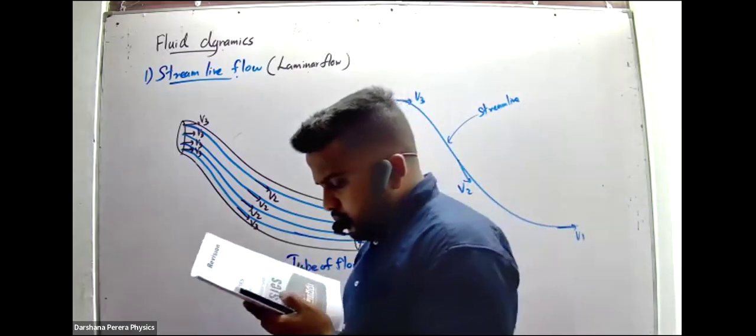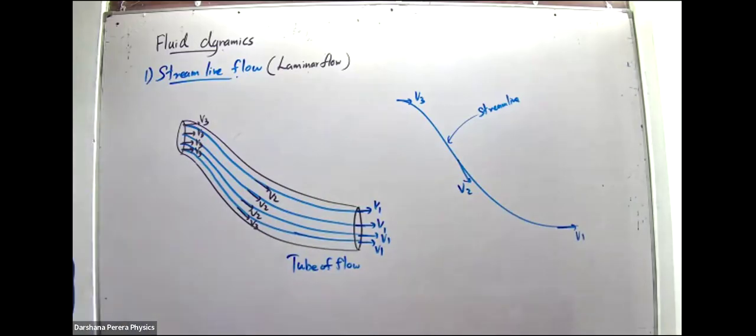The region through which the flow occurs, a collection of streamlines, is a tube flow.